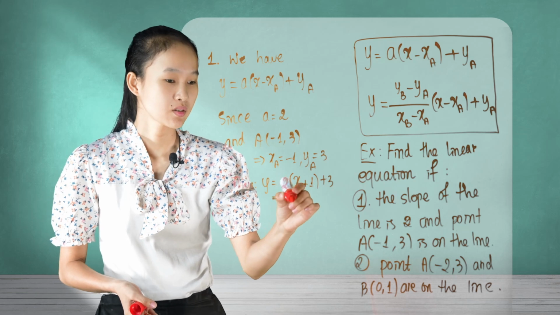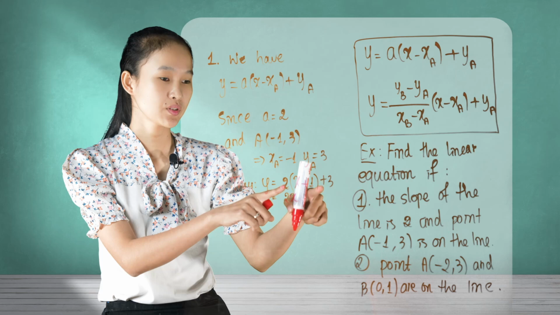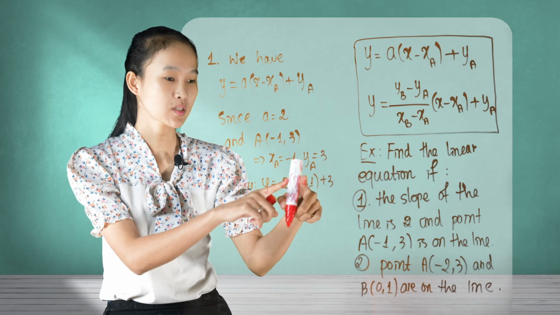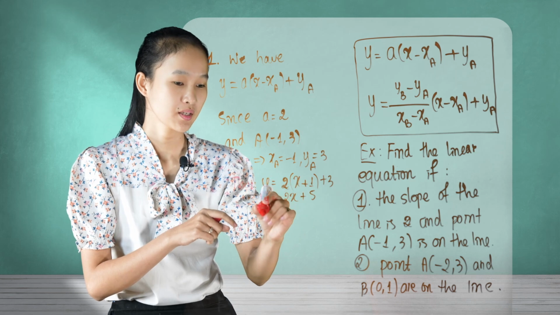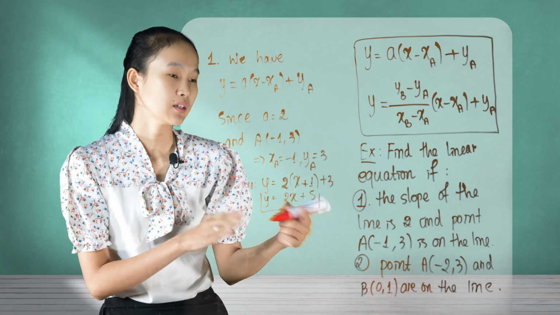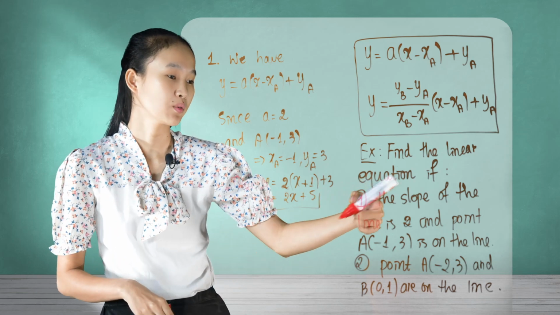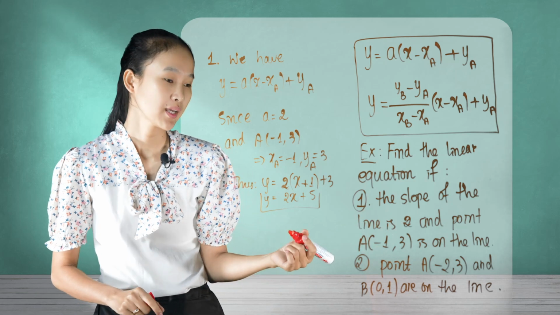So it's 2x plus 2. You have to expand this, so 2x plus 2 and then plus 3, so it's +5. This is the linear equation that goes through this point with this slope.